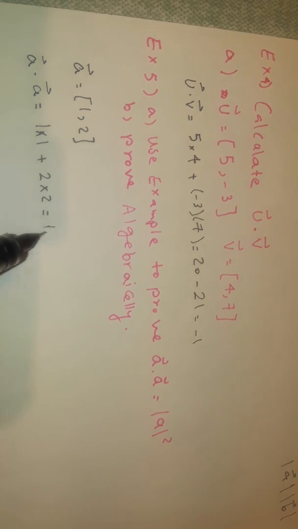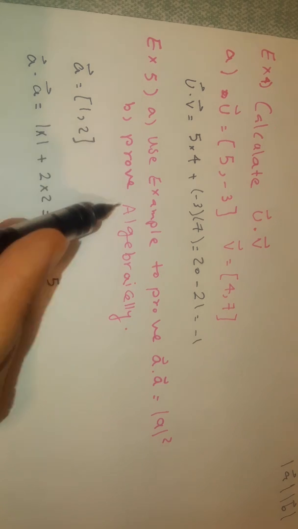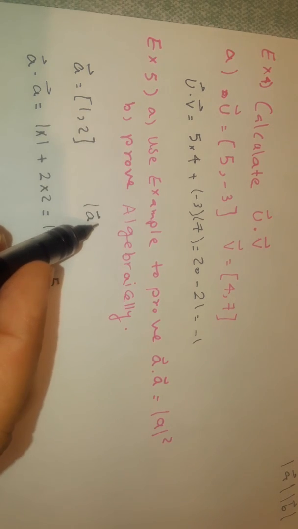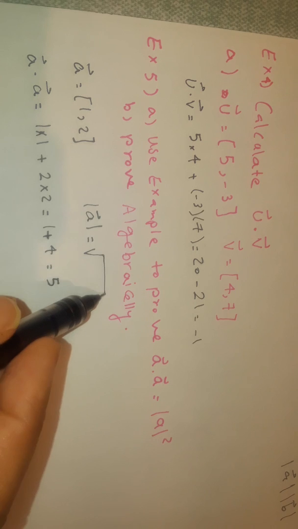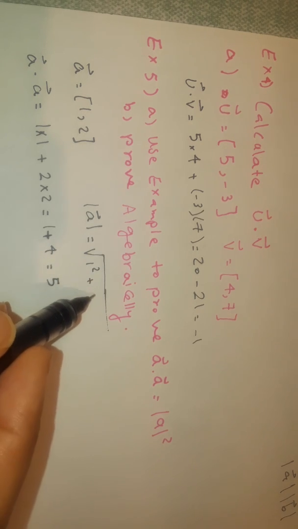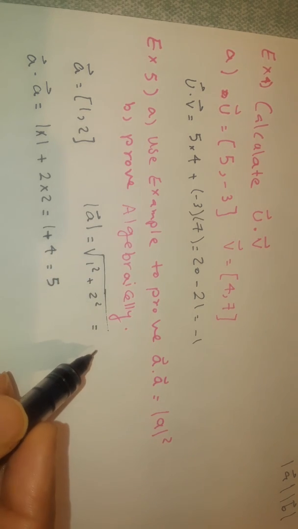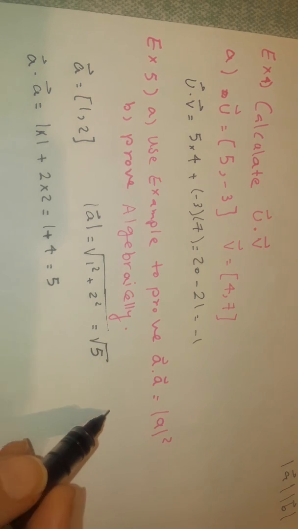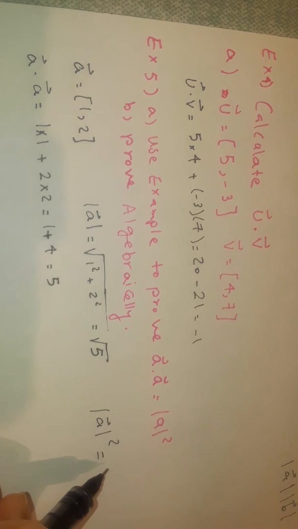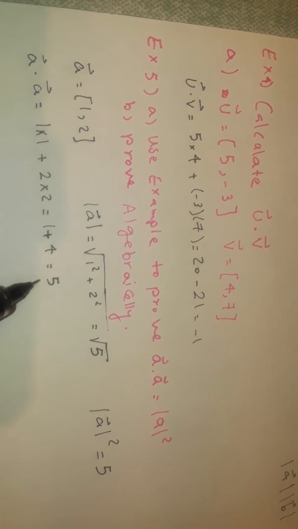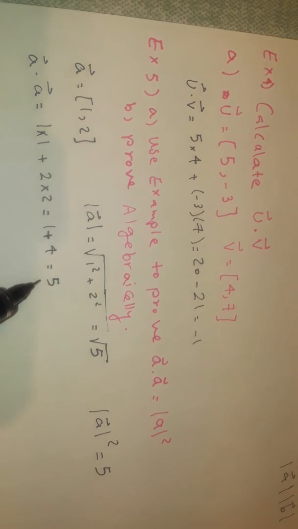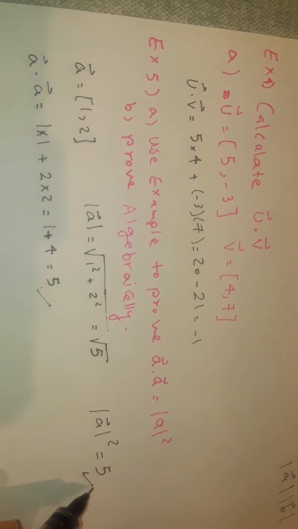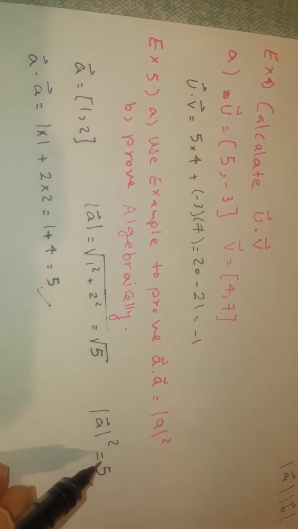It's going to be 1 plus 4, which is 5. Then I want to find the magnitude of a. In a previous session we did it: the square root of the x component power 2 plus y component power 2. So it's going to be the square root of 5. And I know that the magnitude of a to the power 2 is going to be 5. See, I proved that a dot a is the same as the magnitude of a to the power 2.